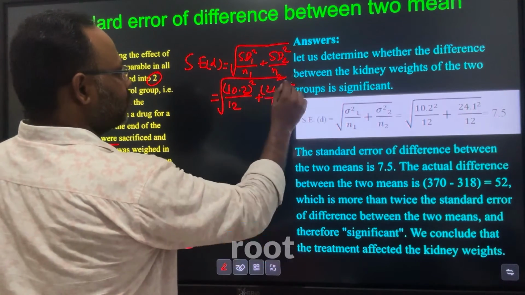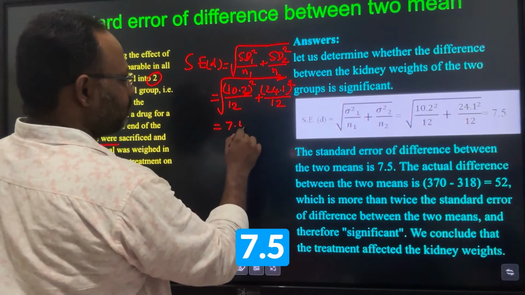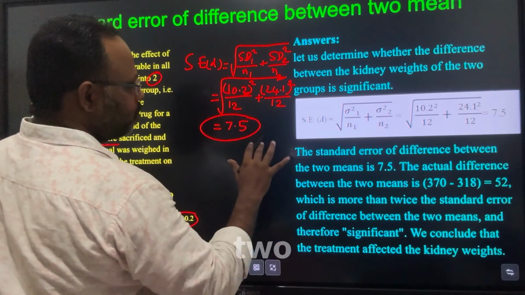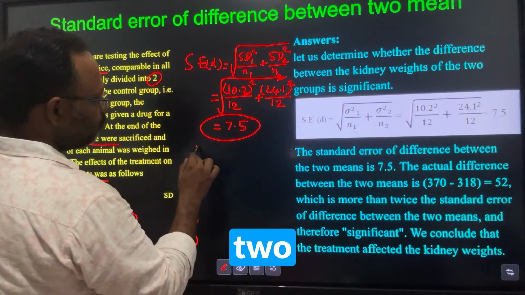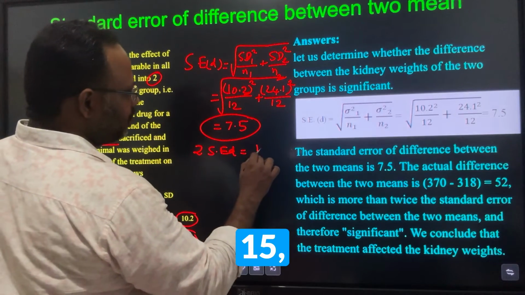We need to take a square root also. So when we calculate it, we get 7.5 as the standard error of difference between two means. So 2 times this standard error of difference is 15.